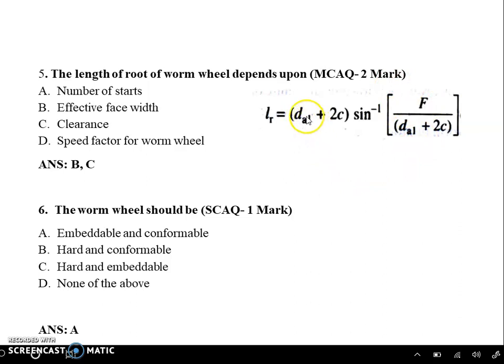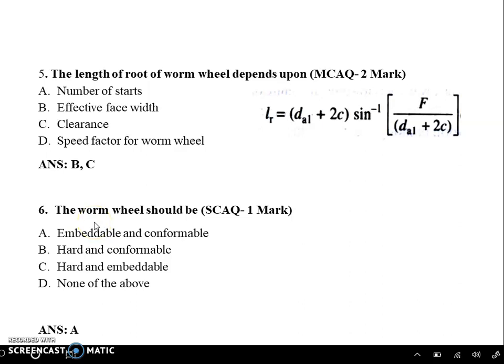So these three terms are there: addendum diameter, clearance and phase width, on which length of root of worm wheel depends. So number of starts is not correct. Effective phase width is correct. Clearance is correct. Speed factor is not correct. So B and C. So for question number 5, the answer will be B and C.